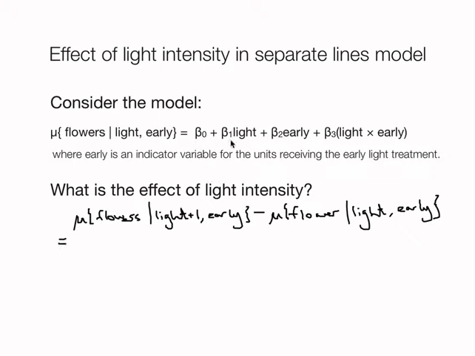Now I'm going to use my regression model to substitute in for these two means. So in the first case, anywhere in my regression model there's a light, I'm going to put in light plus 1.